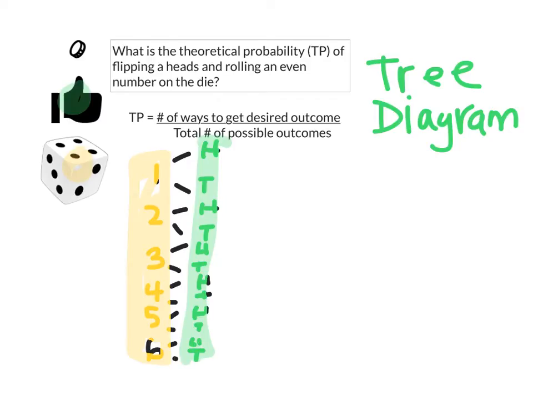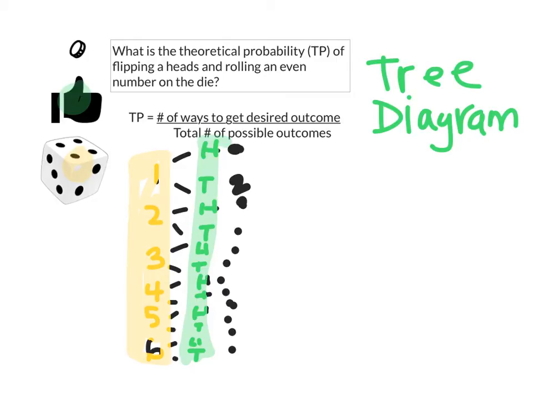So here at the end of the branches of our tree diagram, we can count up how many possible outcomes we have. We have one possible outcome, 2 possible outcomes, 3, 4, 5, 6, 7, 8, 9, 10, 11, 12.